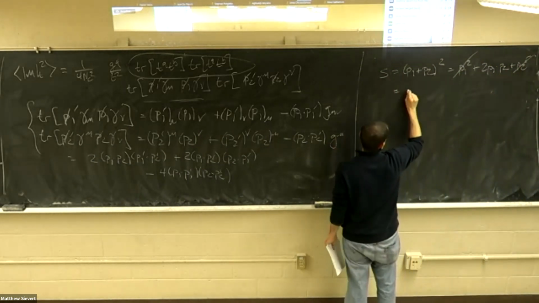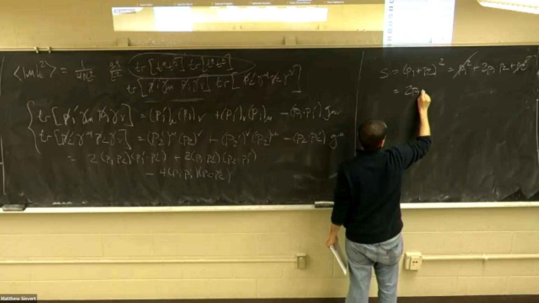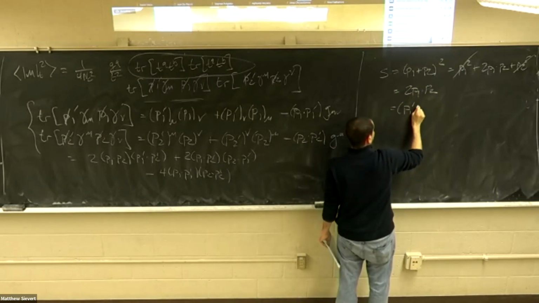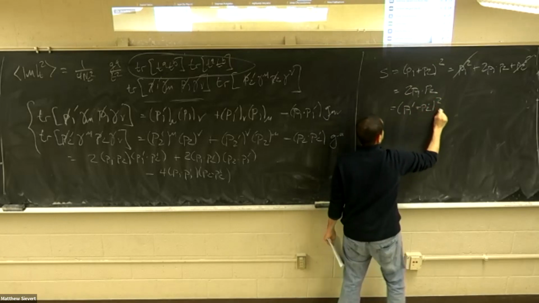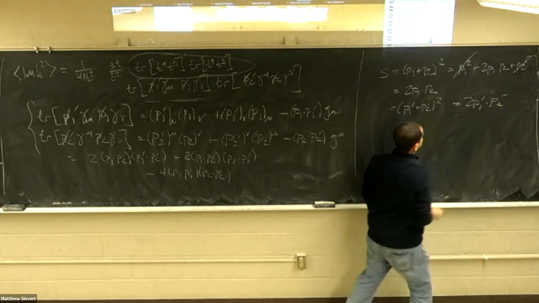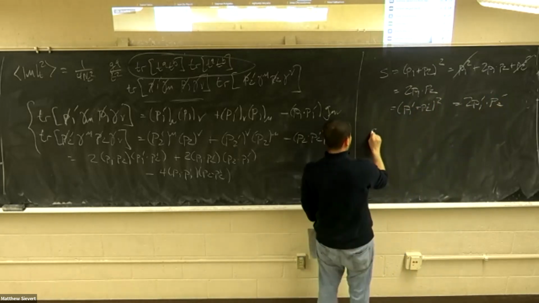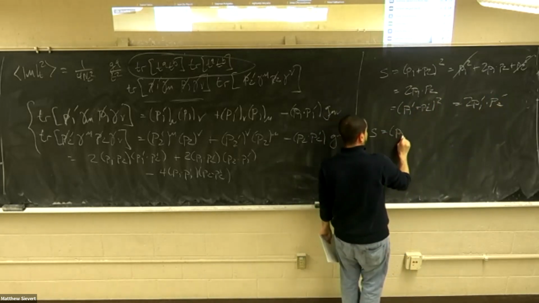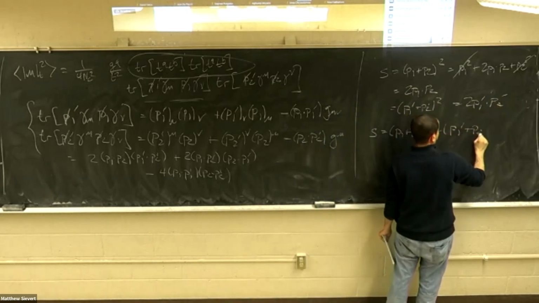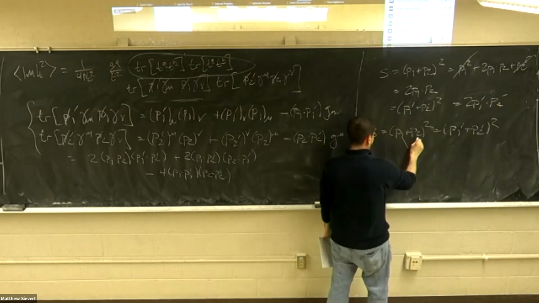So s is just equal to that cross term, 2 P1 dot P2. And since I could write the same thing as (P1' plus P2') squared, it's also the same thing as 2 P1' dot P2'. So it's really easy. I just look at the Mandelstam invariant, (P1 plus P2) squared, or (P1' plus P2') squared, and I pick out the cross term.